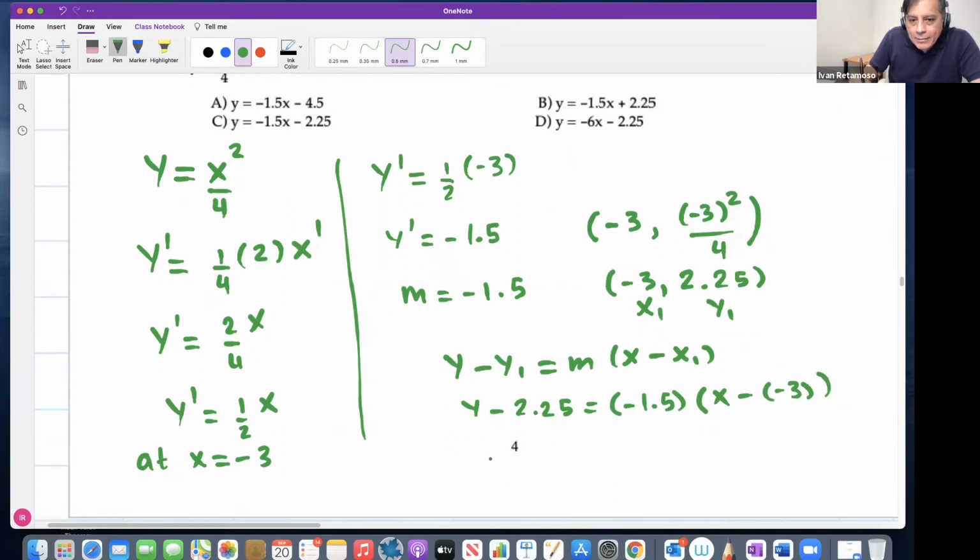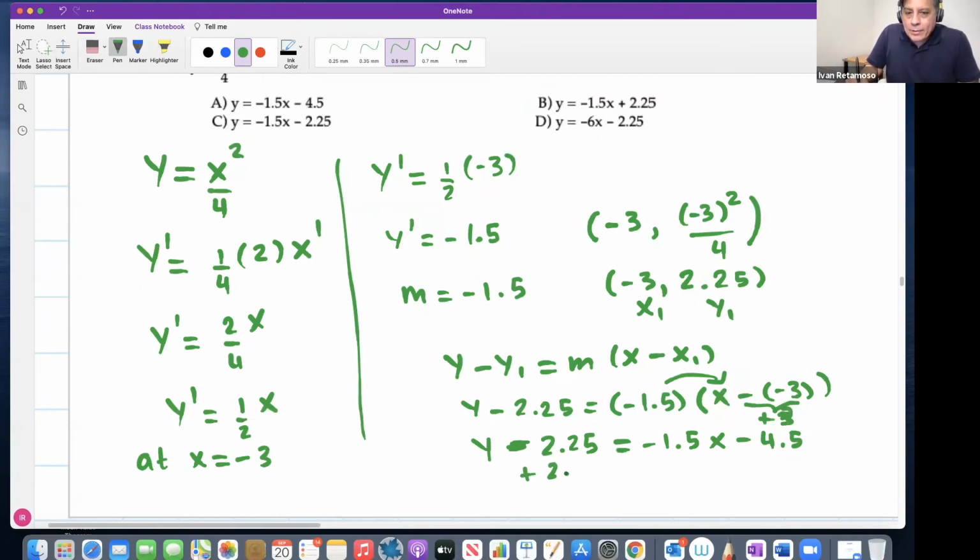Work this out carefully. Negative 1.5x. This negative times negative is positive 3. But this positive 3 multiplied by this guy is minus 4.5, right? Minus 4.5. Yeah, great. You can check that in your calculator.